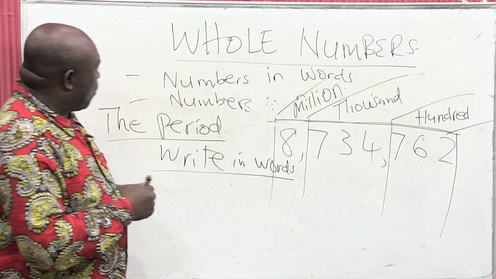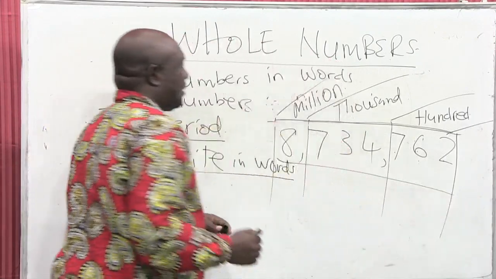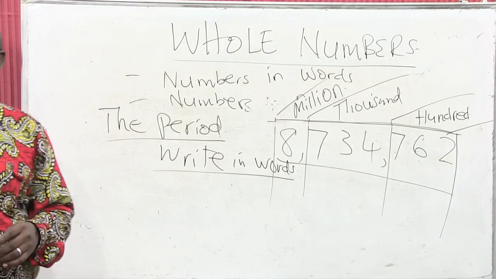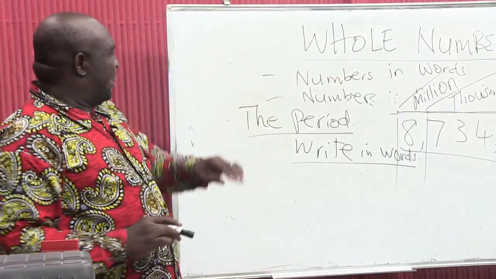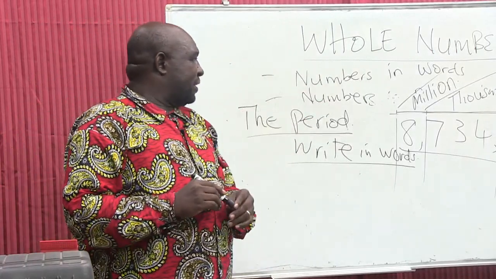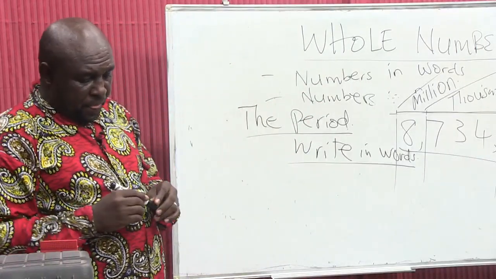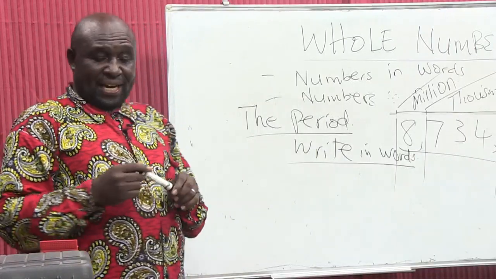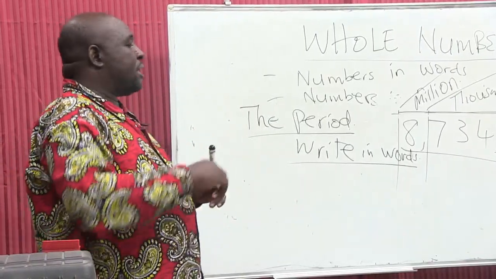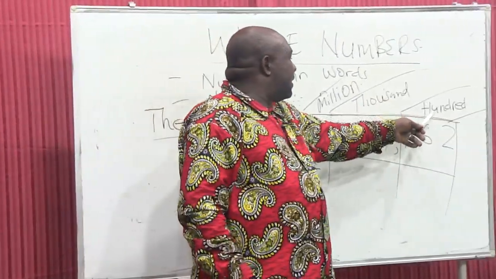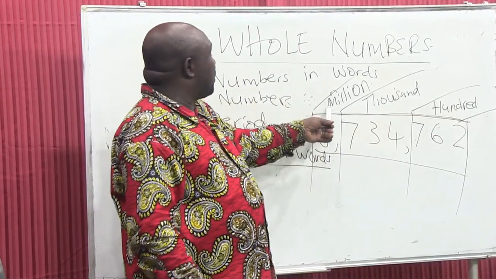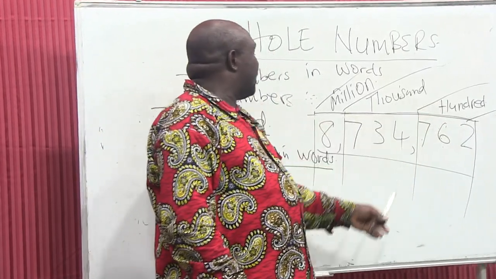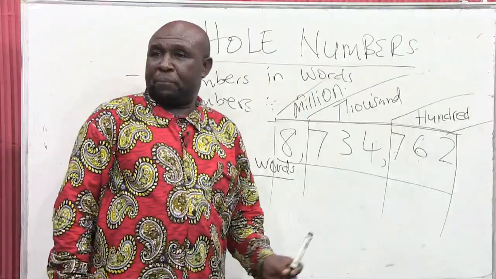After grouping your digits in periods, it becomes easier for you to read the number which is given. So the first step is to group the digits in periods. The lower period is the hundreds, and the higher period is the million.